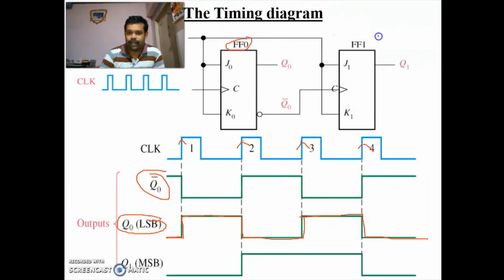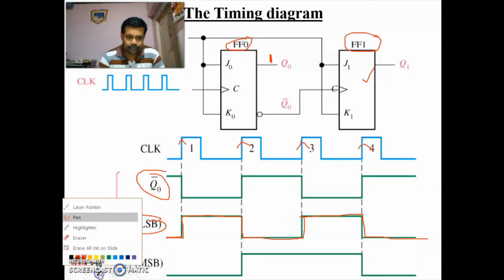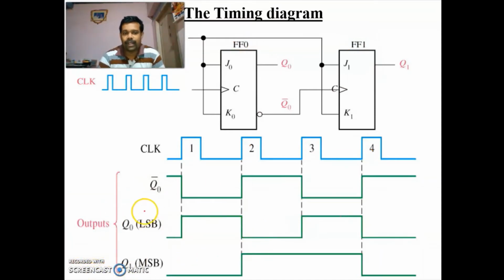Now you come to the flip-flop 1. The second flip-flop will conduct only when you are having Q naught equal to 1. So whenever you are having Q naught equal to 1, only then the second flip-flop will conduct. So now you check this Q naught.